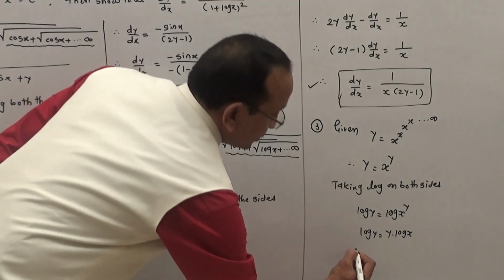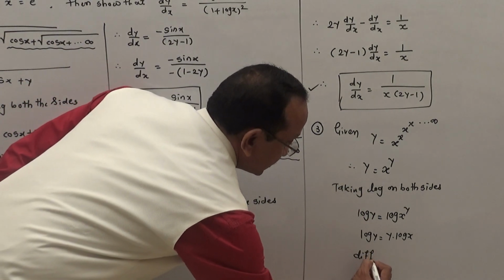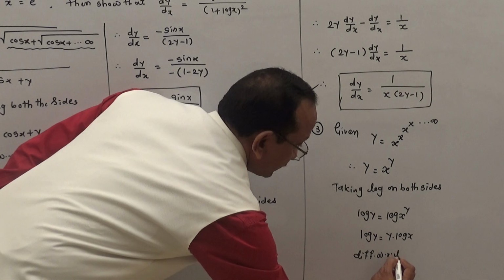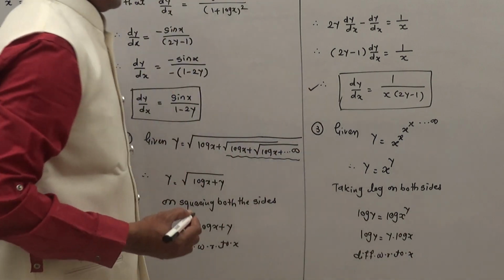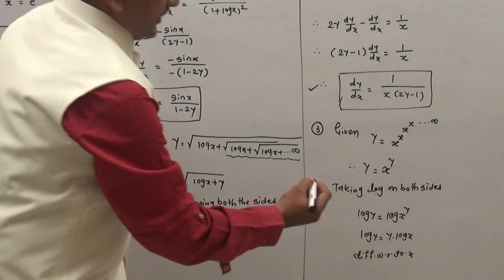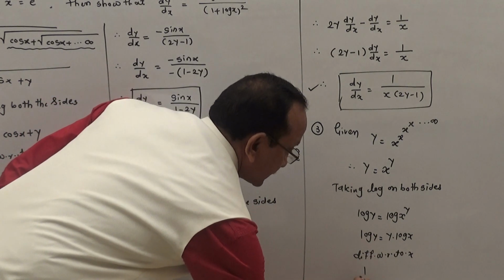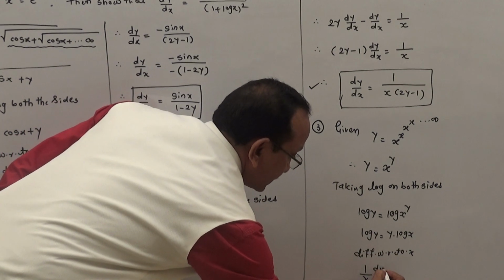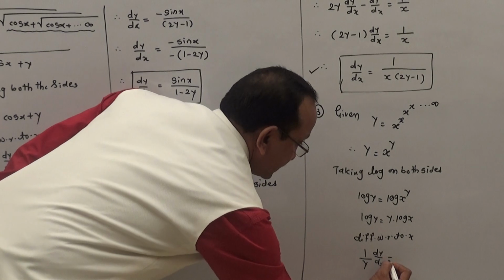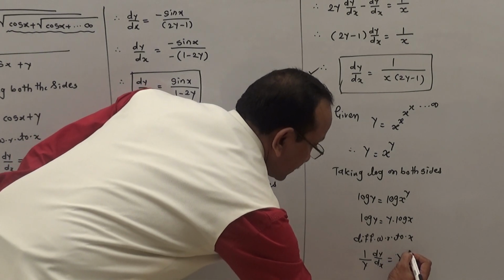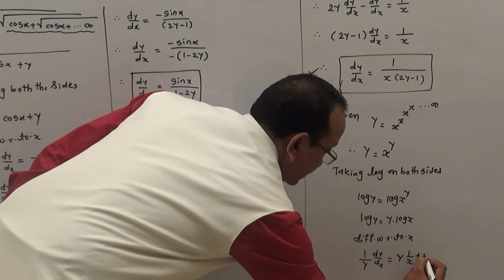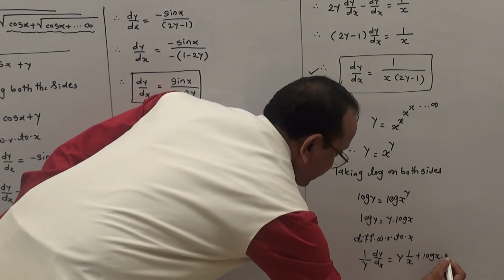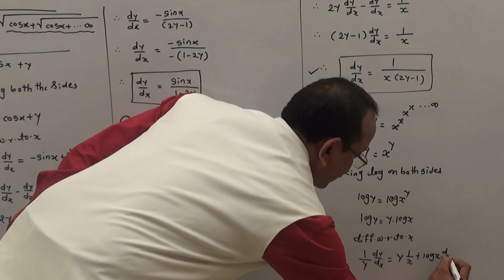Now differentiate this function with respect to x. Then the derivative of log y is 1 upon y dy by dx, which is equal to first function times derivative of second function plus second function times derivative of first function.